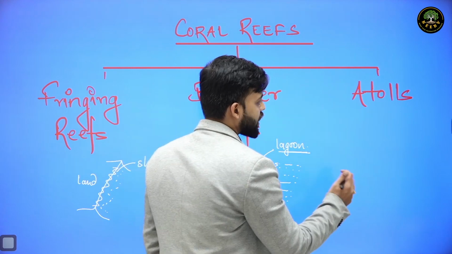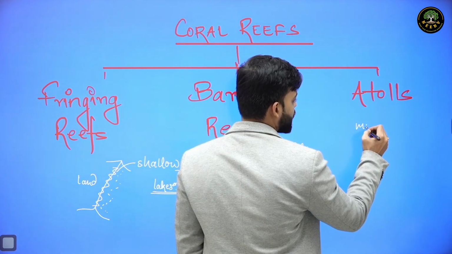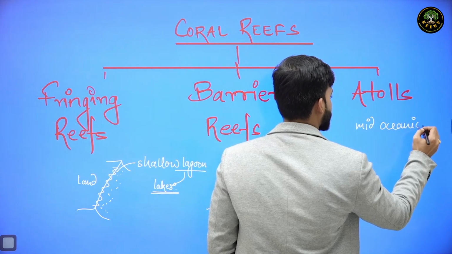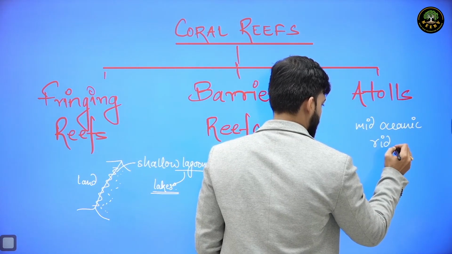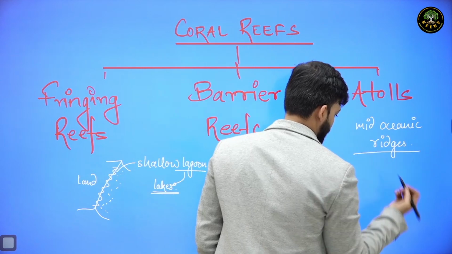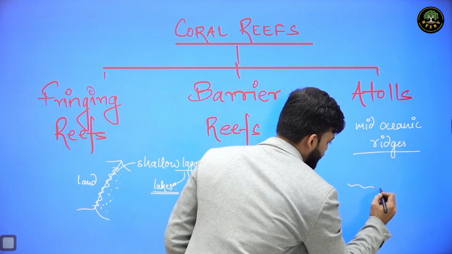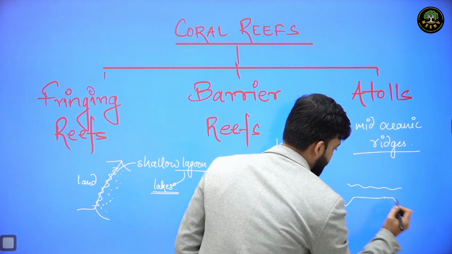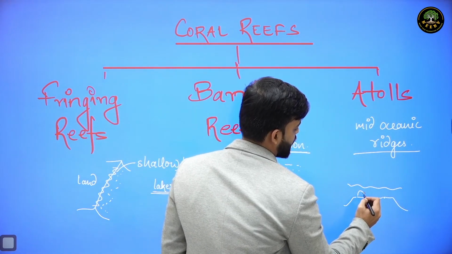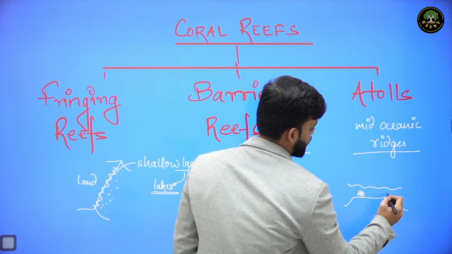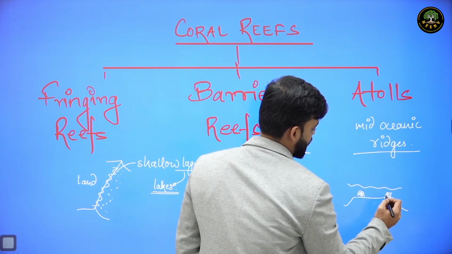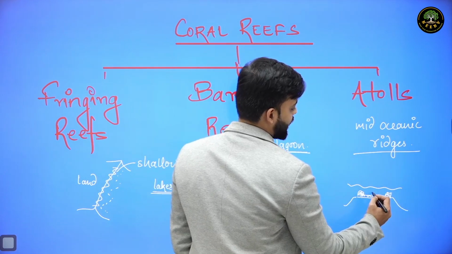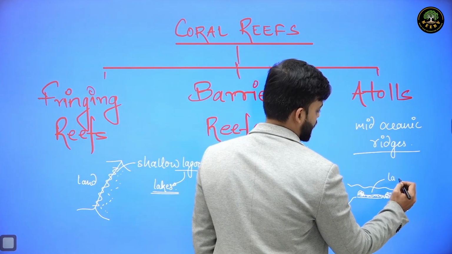As far as atolls are concerned, atolls are basically formed near mid-oceanic ridges. Suppose these are the ridges. Here is reef formation, right? And in between there is a shallow lagoon again.